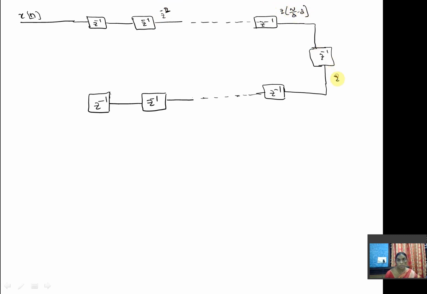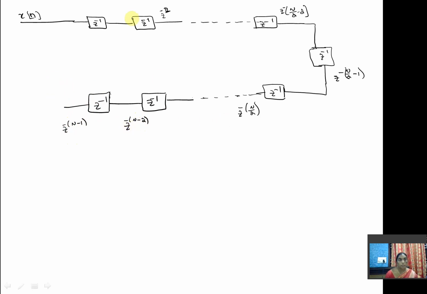This one is z power n by 2 minus 1. Here this one z power minus n by 2, and then in this way this is nothing but z power n minus 1. Here is n minus 2. Okay, in this way, right?